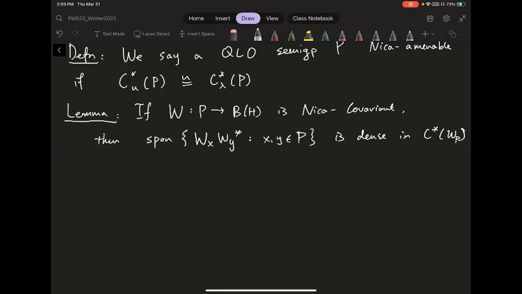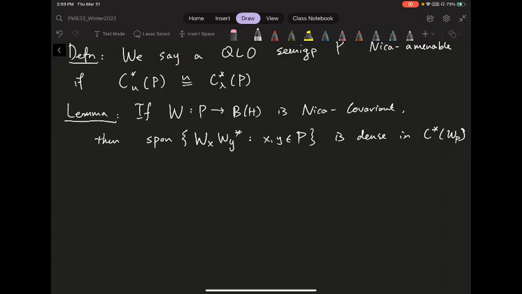Suppose I have a Nica covariant representation W of my semigroup. You can think of this Nica covariant representation as generating a concrete C-star algebra. You just take all the W of x, take their adjoints, multiply them together, take the linear span, and you get an algebra, and you close it up in B of H. That's your C-star algebra.